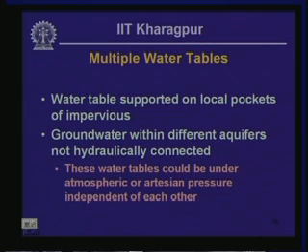These individual aquifers might be in a state of atmospheric condition, or there might be an independent water table developing within them, or some of them might be under artesian pressure, and because they are not hydraulically connected, each of these conditions is going to develop independently of the conditions within the other aquifers.